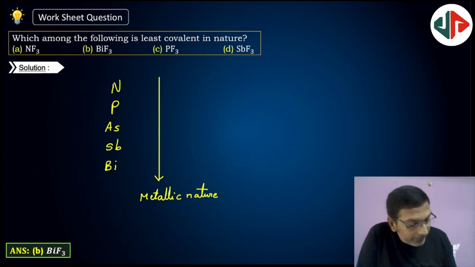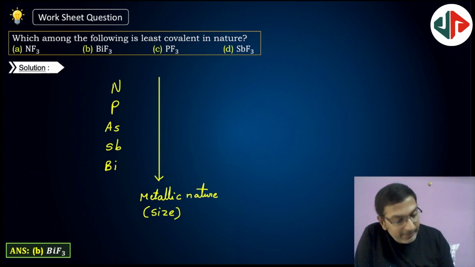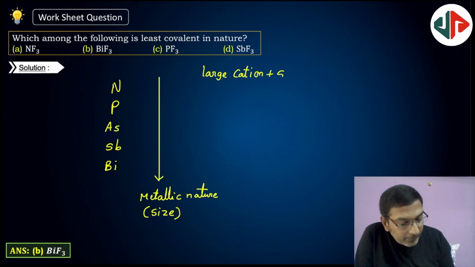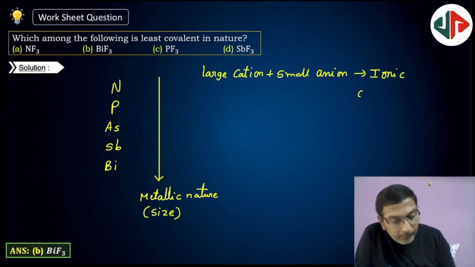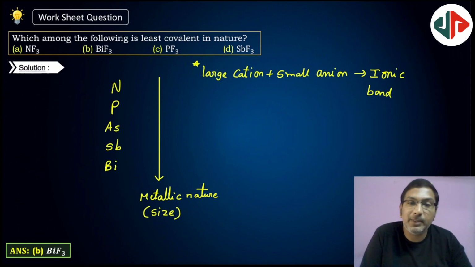So as the size of cation increases, ionic nature increases. That means large cation plus small anion can form ionic bond. Remember this point. Large cation and a small anion can form ionic bond.